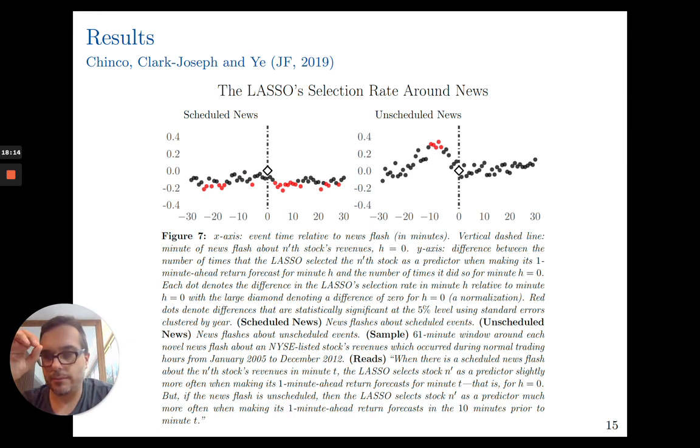And the red dots denote differences that are statistically significant at the 5% level. Okay? It's not clear how the author computes these significance levels. That's another point for discussion, but let's take it for granted. So basically, let's look at the plot on our left, sorry, scheduled news.